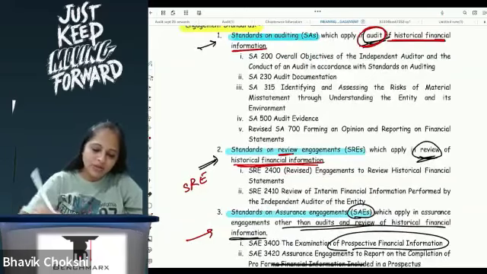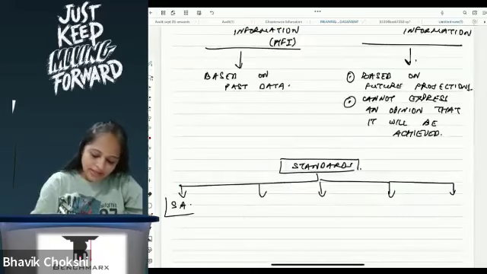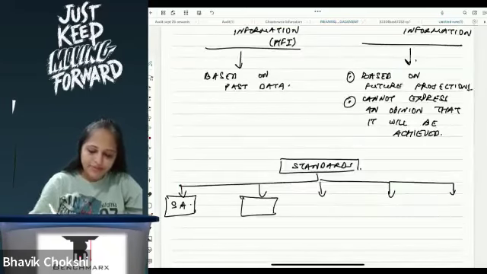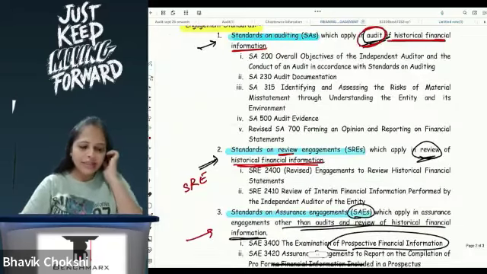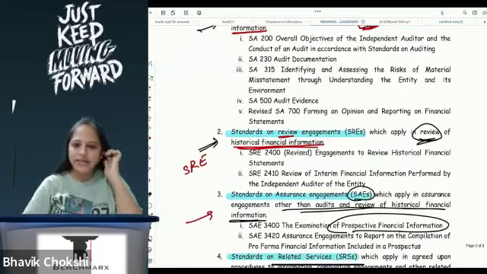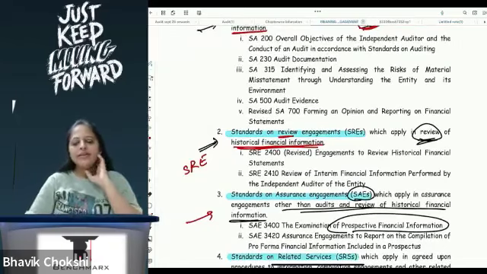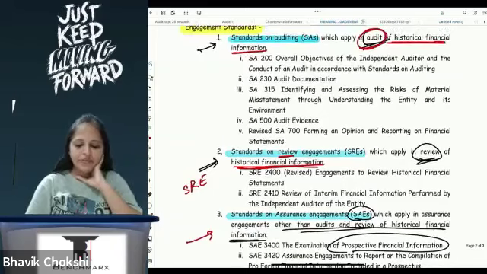So the first box is about your audit, standards of auditing. Now the second part you will write down standards on review engagement, SRE.